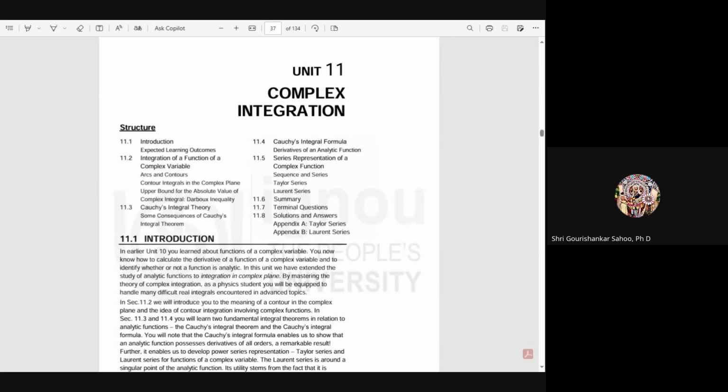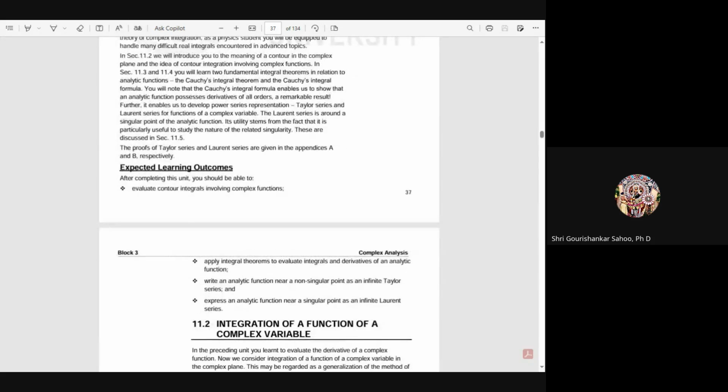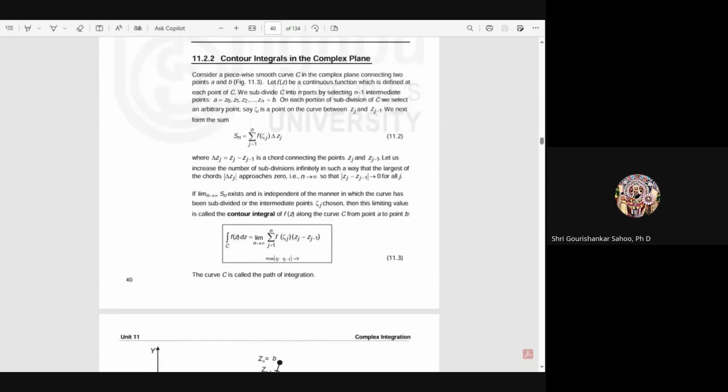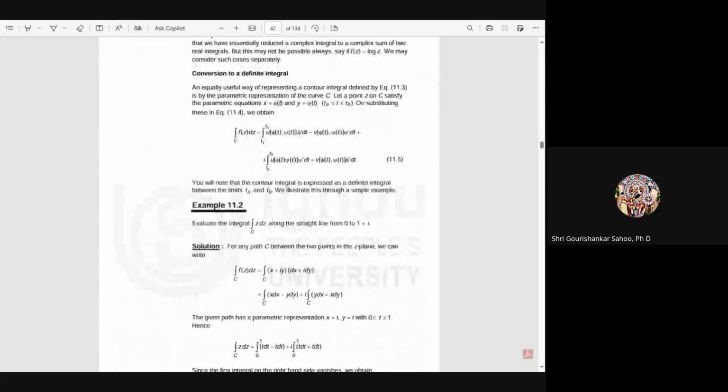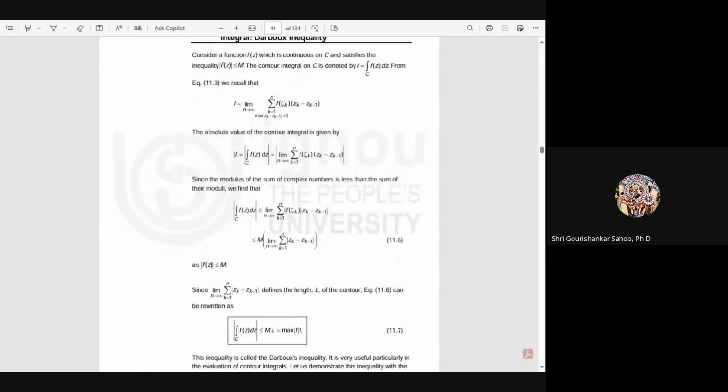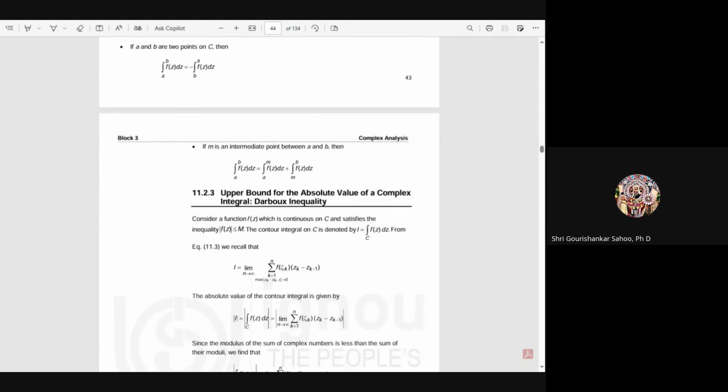Next is your complex integration. Before going to complex integration, I shall discuss some basic concepts which are there in the syllabus, and I shall show you in my course material.